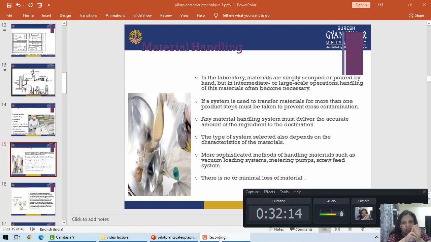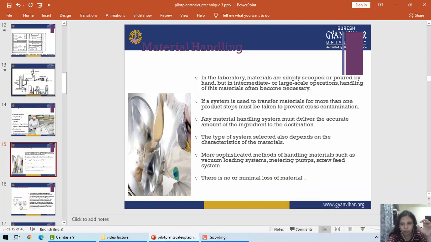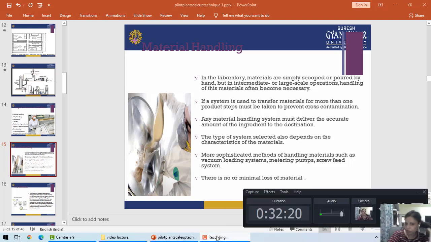The next is, if a system is used to transfer materials for more than one product, steps must be taken to prevent cross-contamination.